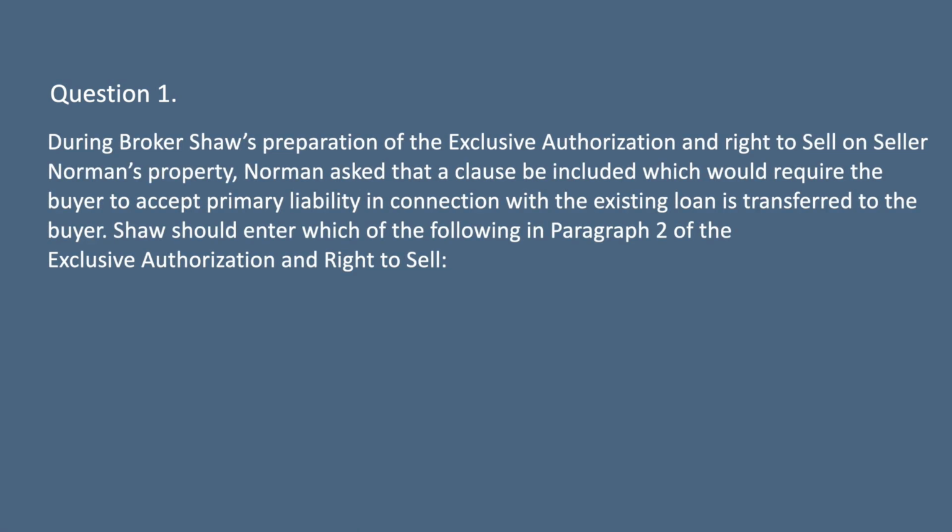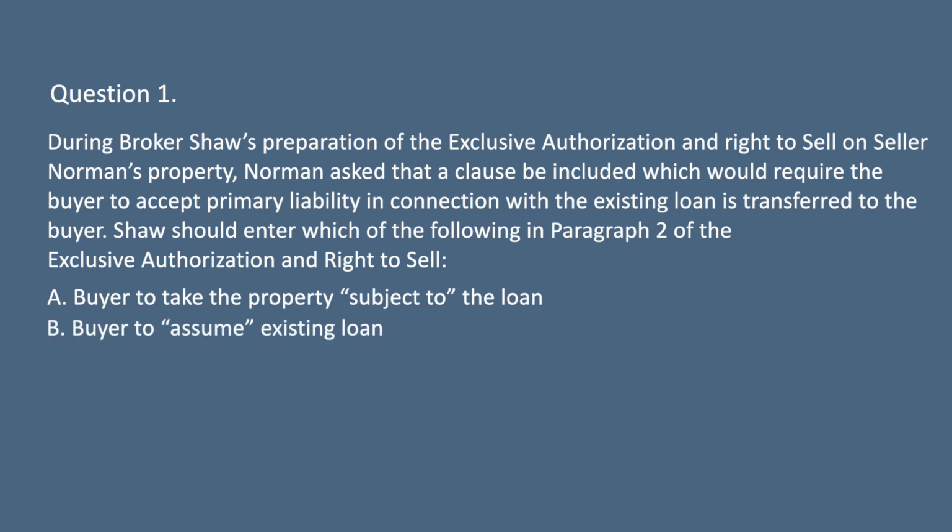Question 1. During broker Shaw's preparation of the exclusive authorization and right to sell on seller Norman's property, Norman asked that a clause be included which would require the buyer to accept primary liability in connection with when the existing loan is transferred to the buyer. Shaw should enter which of the following in paragraph 2 of the exclusive authorization and right to sell? A. Buyer to take the property subject to the loan.